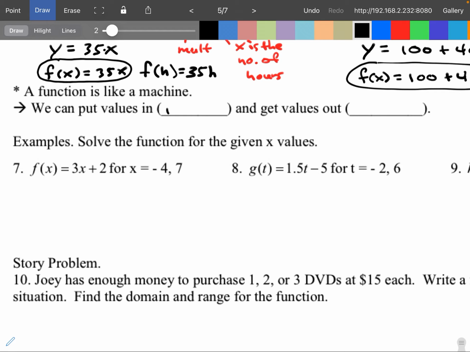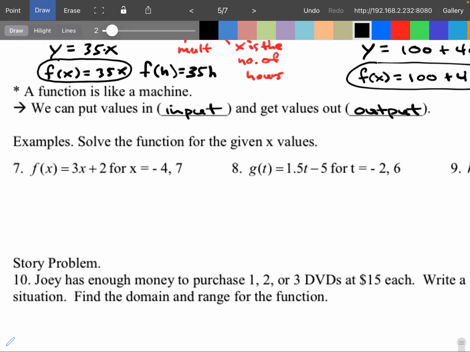All right. So then let's fill in the next blank. I'm not sure what they want here, but I think a function is like a machine. We can put in x values, but that's the same thing as our input, right? I'll write input this time. So we're going to put in our domain values or our x values or our independent variable values or our input.